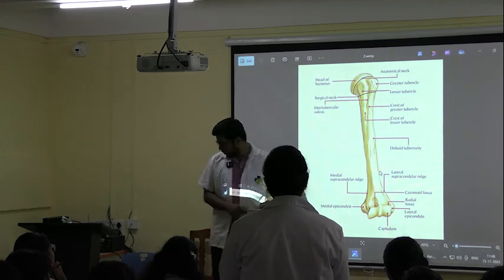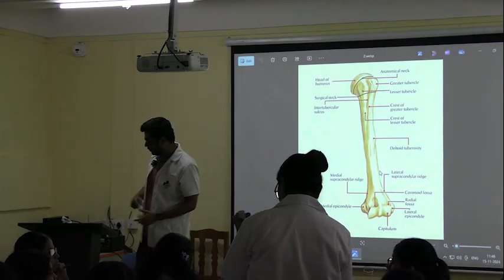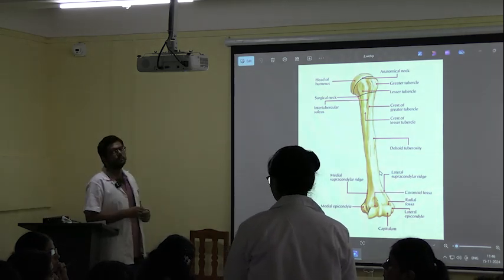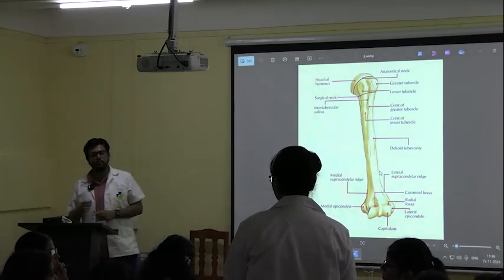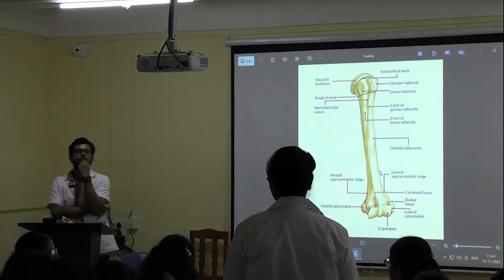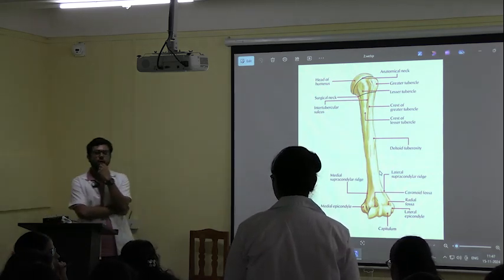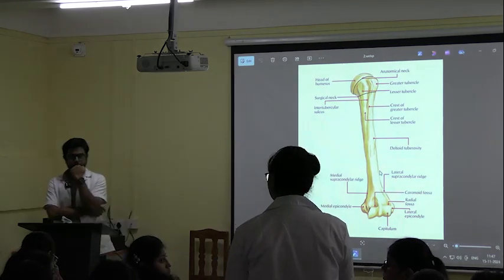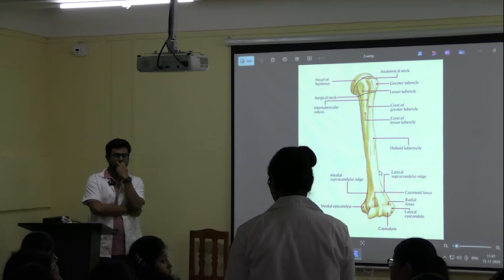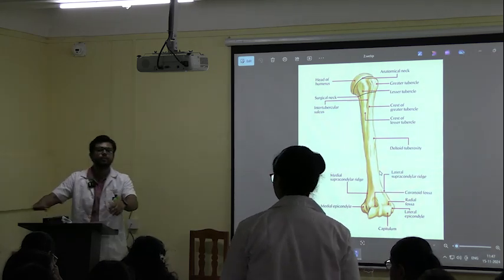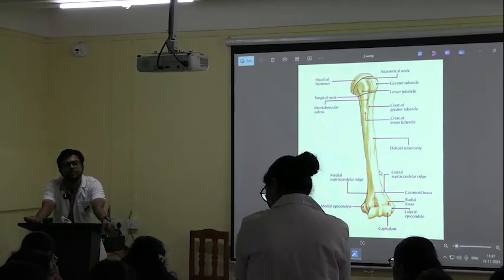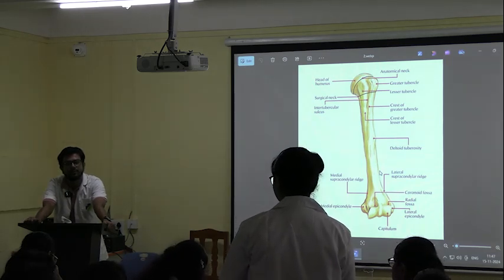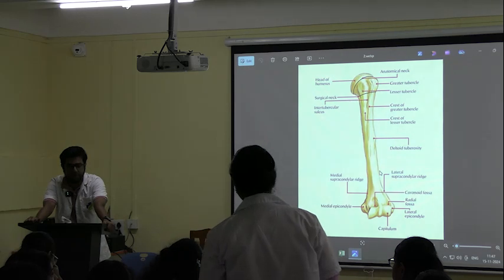So, say it: capitulum and trochlea are located downwards, and the head is located backwards, medially, backwards and upward. So the conclusion is that it is left.